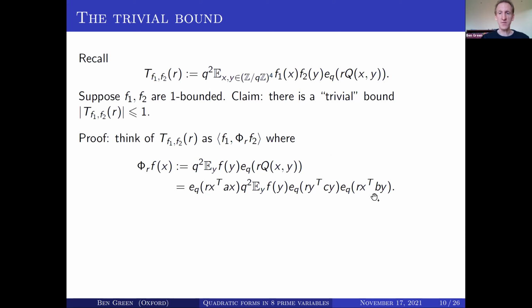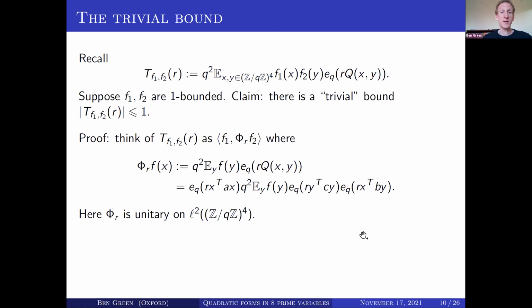Then you take a Fourier transform. I've normalized by this q squared here, because then my Fourier transform is unitary. And then I twist by another quadratic, e to the 2 pi i x transpose A x over q.